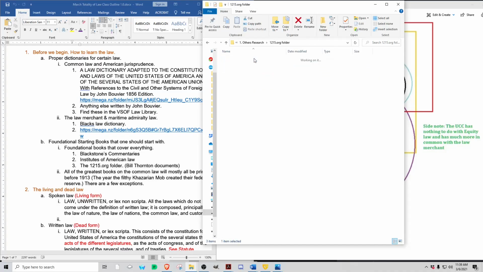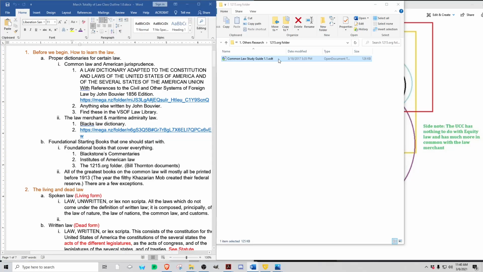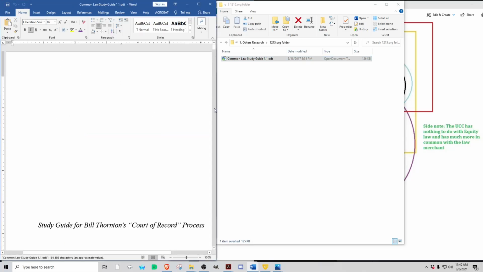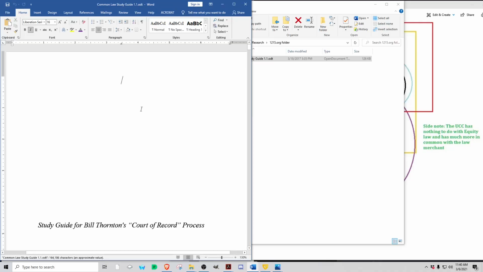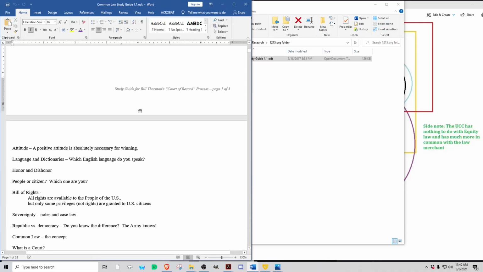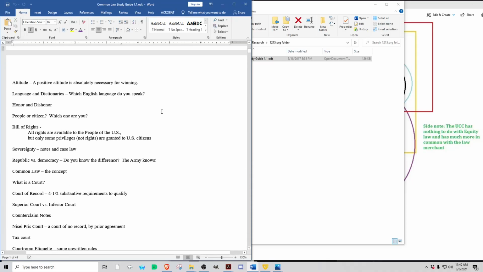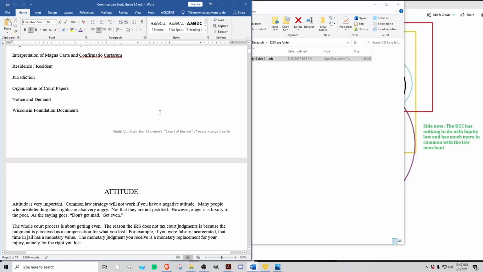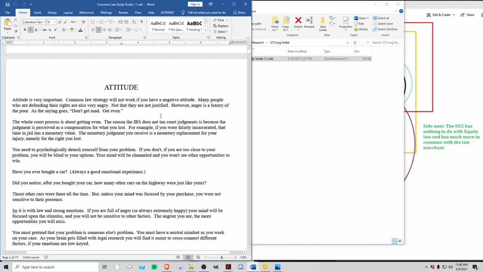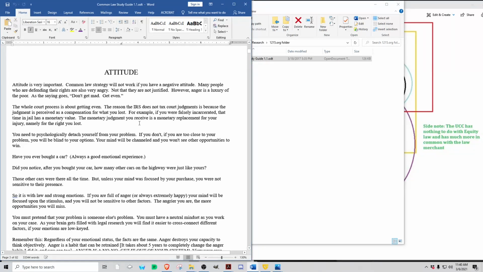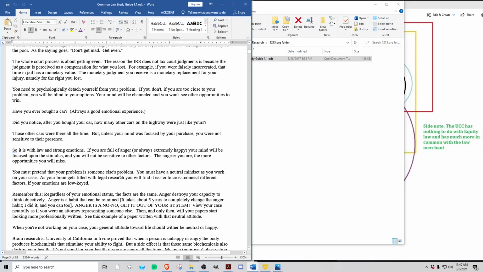In my 1215.org folder, I created a document, and another colleague of mine a long time ago and I created this document. What we did was we took all of the various different documents that Bill Thornton had put up onto his 1215.org site, and we turned them into one single document that's, let me check, 82 pages.